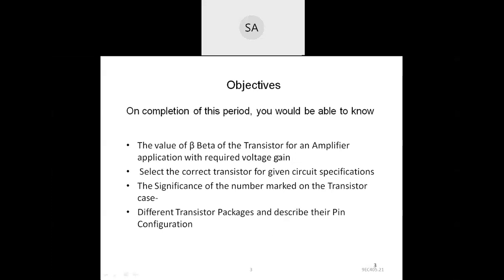Let us discuss the first one, calculating the value of beta of the transistor. How to calculate beta? We have the relations for alpha, beta, gamma. Alpha is beta by 1 plus beta, and beta is alpha by 1 minus alpha, and gamma is 1 by 1 minus alpha.